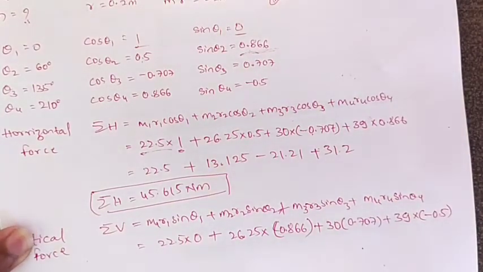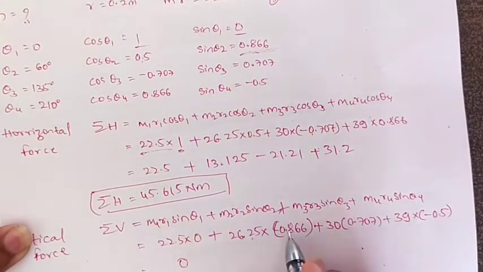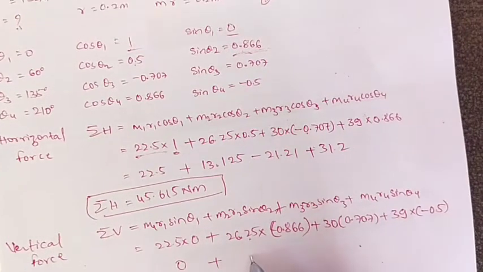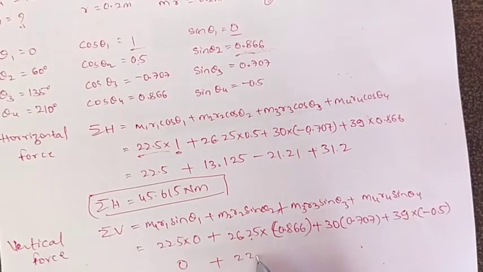Okay, after getting these values, just go on multiplying. This will be 0 when you multiply these two values. 26.25 into 0.866 will get 22.7325.